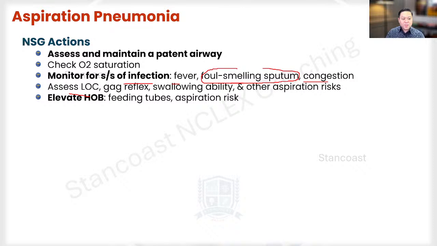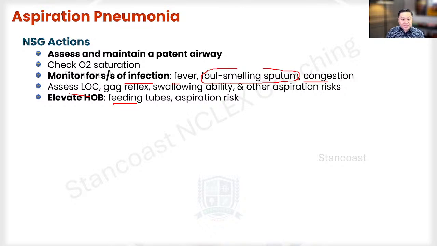Now, especially if you're treating the patient with tube feeds, maybe they are a stroke patient receiving tube feedings, then definitely it would also require you to assess your patient thoroughly. Is the aspiration caused by the tube feeding itself?